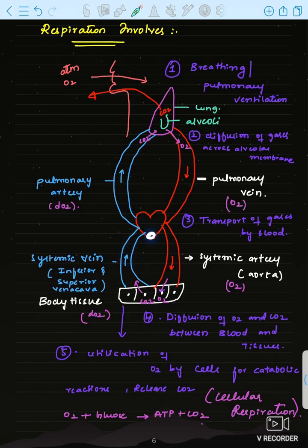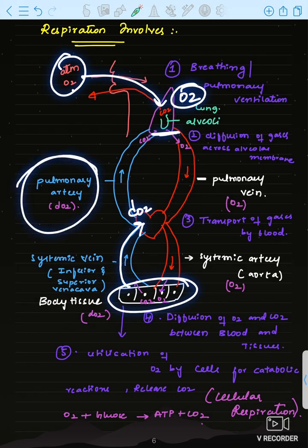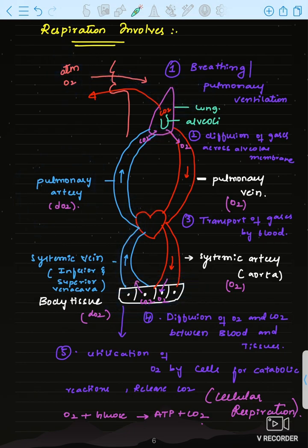And from the heart, now we have to purify the deoxygenated blood, of course, right? In the lung there is purified air, because from atmosphere oxygen will enter the lung. Oxygen will be more in the lung. That's why the deoxygenated blood received from the organs goes to the heart, and from the heart through the pulmonary artery. It is an exception.